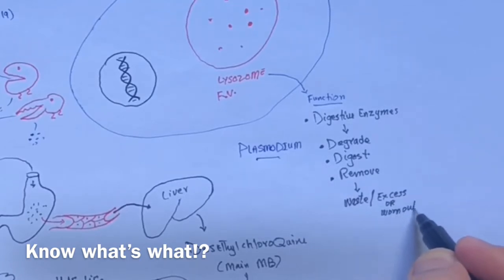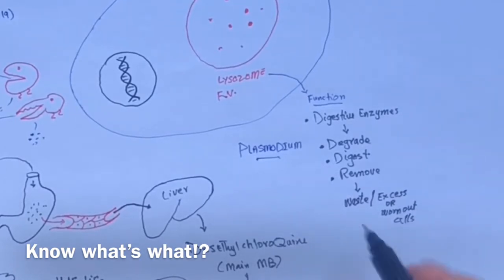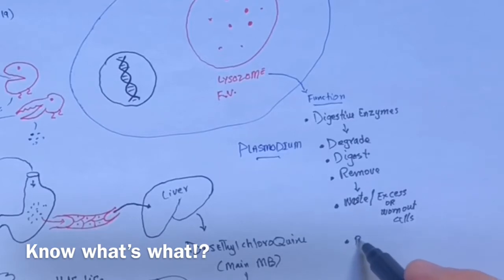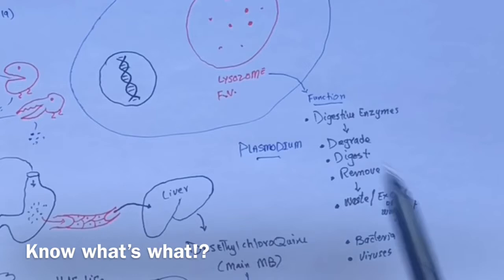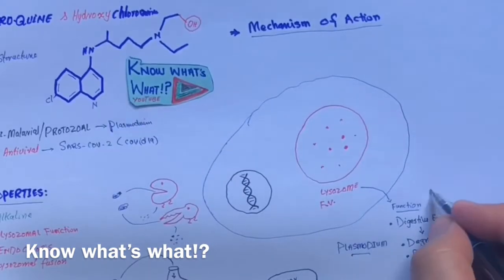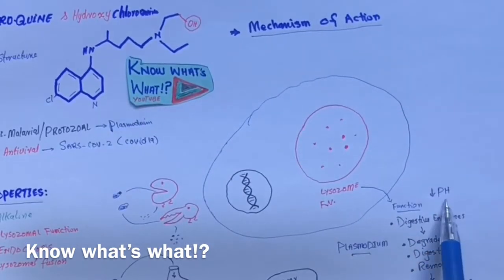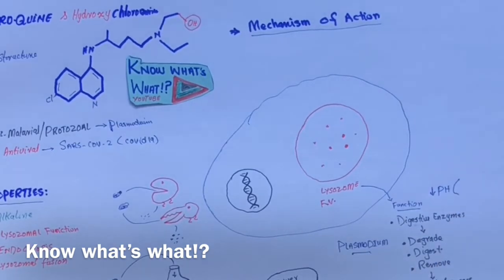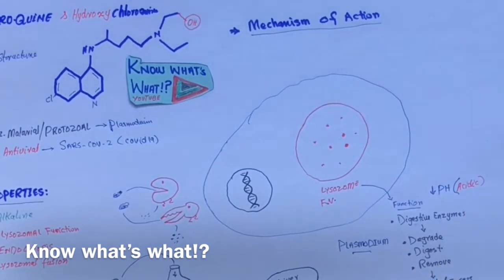So lysosomes function as if they are the immune system of a cell, because they remove the bacteria, viruses, and abnormal protein. And it has a low pH, meaning it has an acidic environment within the lysosome, which is very good for the enzymes to work.